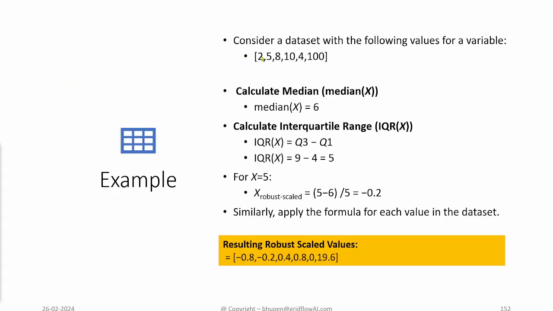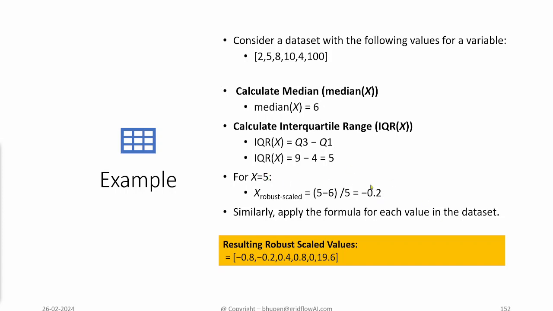So let's take an example. Here is a series of values. We compute the median first, and then we find the IQR, which is basically 5. Then for each value, substitute in the numerator the median, divide the denominator by the IQR, and that's the scaled value for the original value.